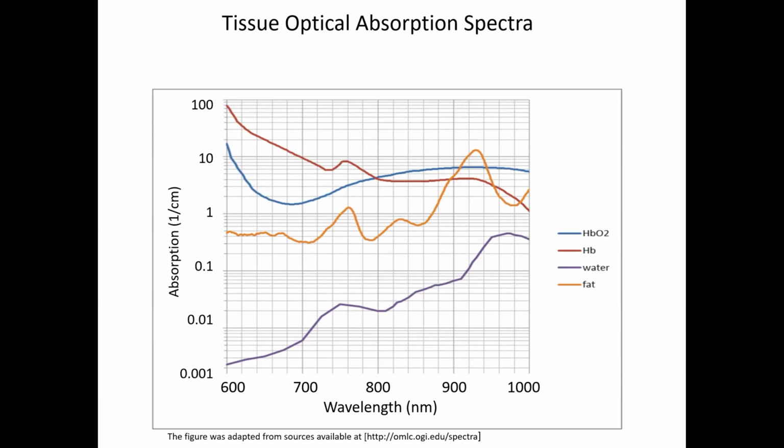An examination of the near-infrared optical absorption spectrum of dominant chromophores found in breast tissue reveals that there are some unique spectral features that you can take advantage of. For example, at 690 nanometers, deoxyhemoglobin is the dominant absorber. On the other hand, at 930 nanometers, lipids or fat is the dominant absorber.